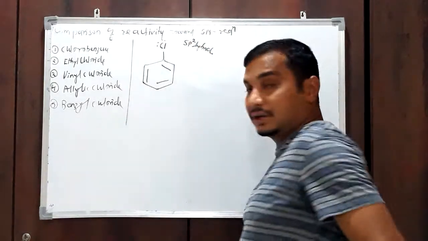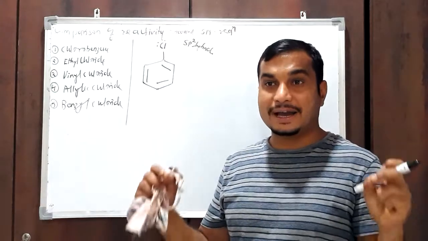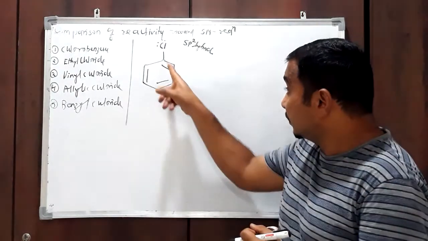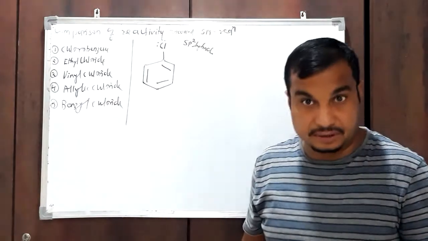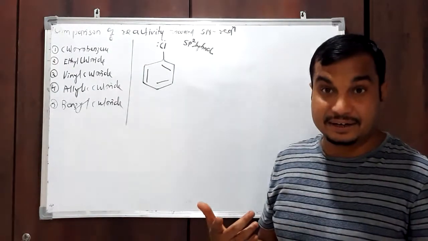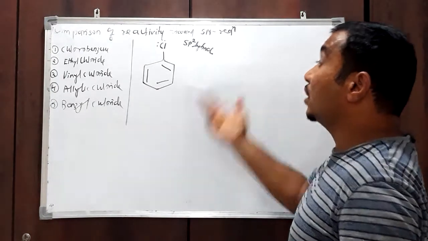Remember, the carbon atoms of the benzene ring are in sp2 hybridized state. Therefore this carbon atom has a higher percentage of s character, and the higher the percentage of s character, the stronger the bond.